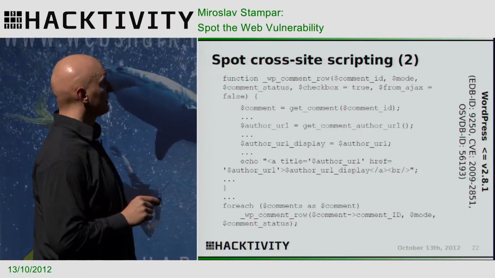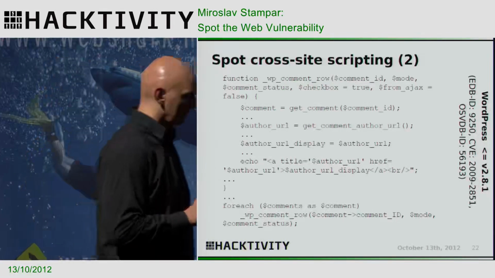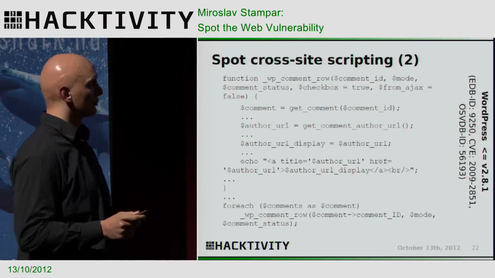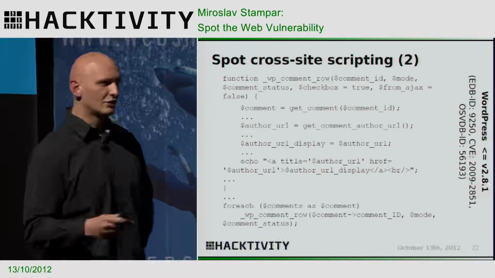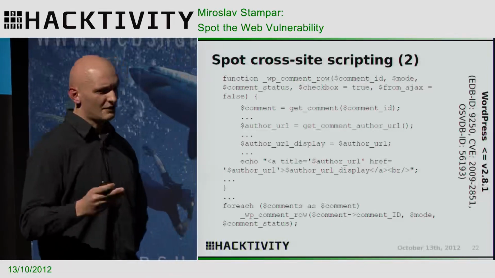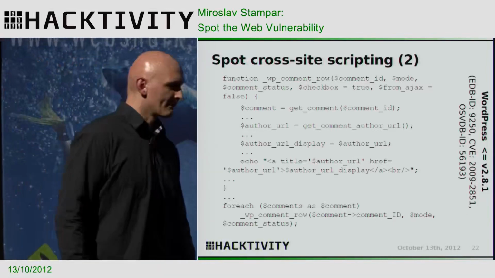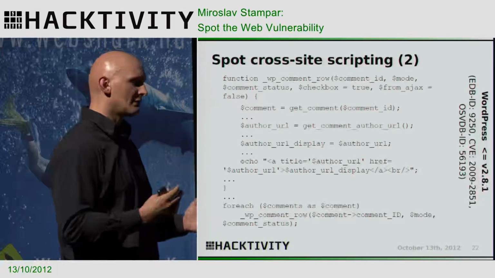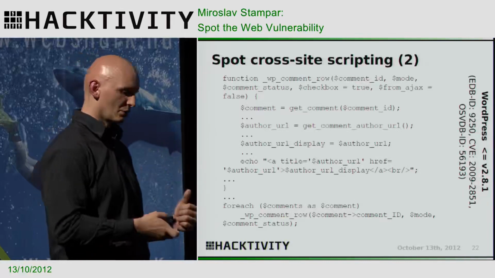It stored the author URLs inside the database in an unfiltered form, which is okay, because lots of web developers don't want filtered stuff stored inside the database, because if you tend to over-filter stuff, then you will end up losing stuff.